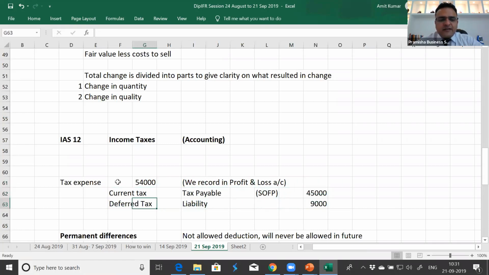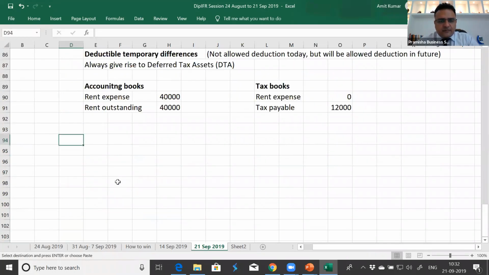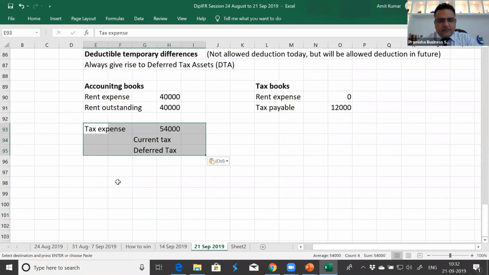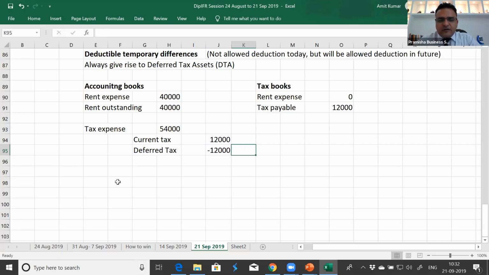Deferred tax, you'll get a relaxation in future. So you'll record an asset immediately. So there is a debit here, current tax 12,000, but there is a 12,000 credit in the books in the form of assets.